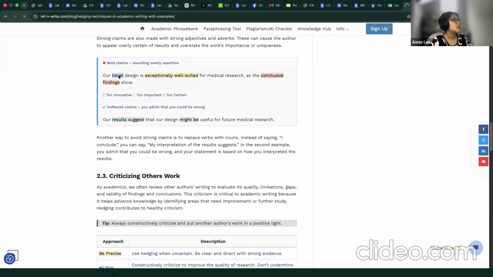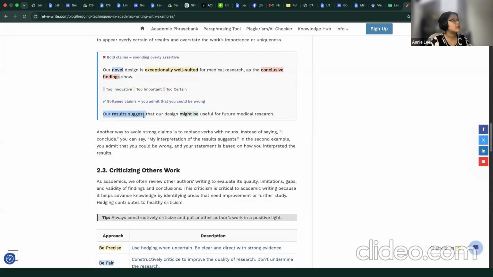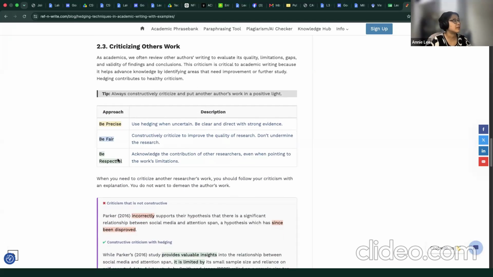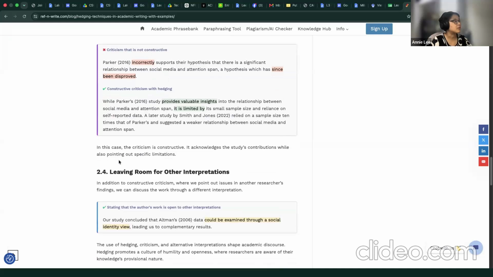Also, our novel design is well suited. Conclusive result shows. But you sometimes want to just make things clear. Our results suggest that our design might be or is useful. So just be precise, be fair, and be respectful when you're criticizing people's work.